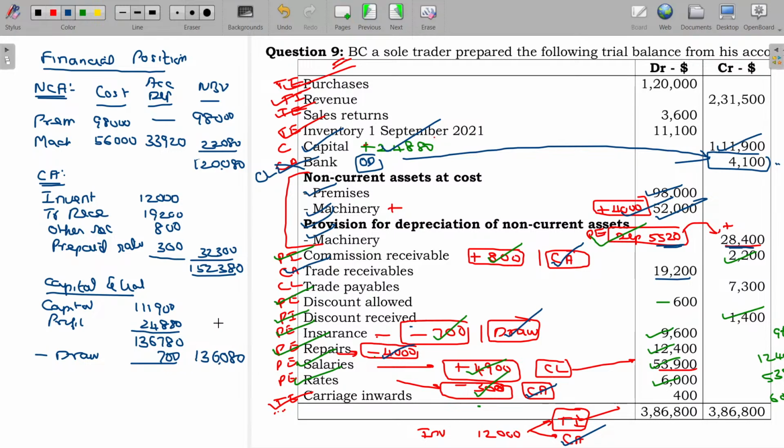Now non-current liabilities we don't have, but we have the current liabilities. I will now list those items. So bank overdraft, this is a new one. And here we have the trade payables. This value being 7,300.